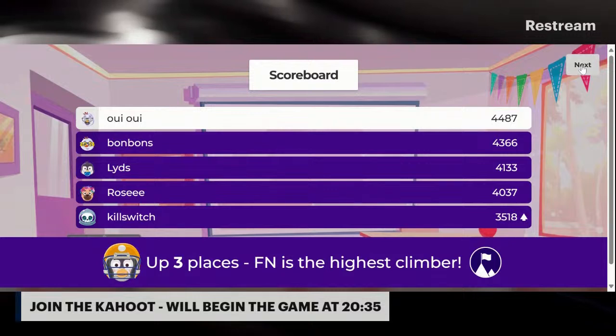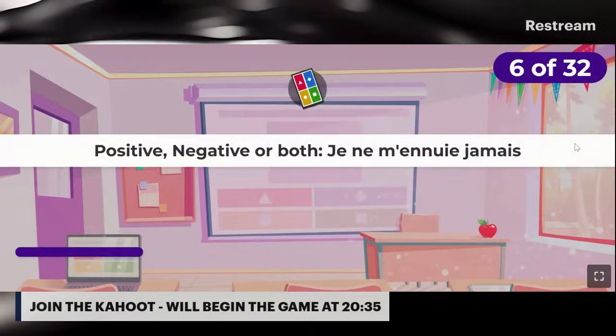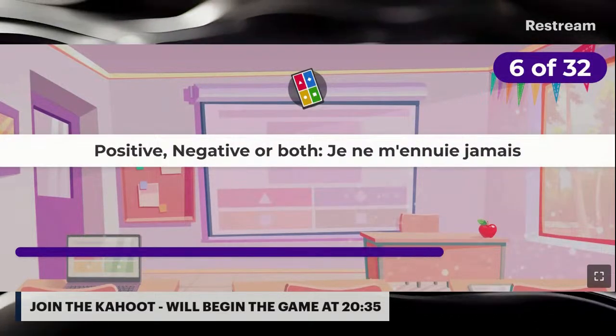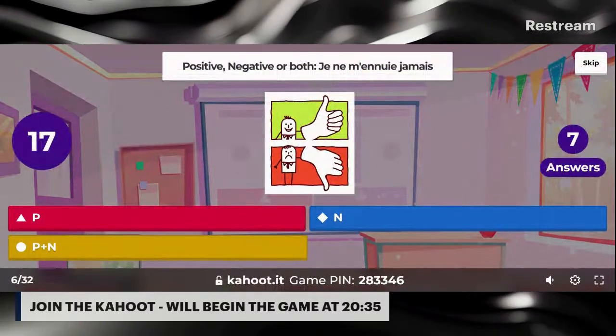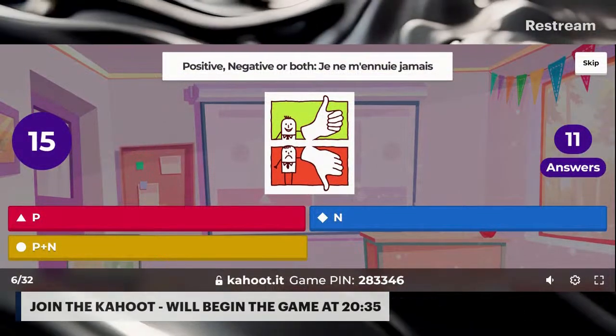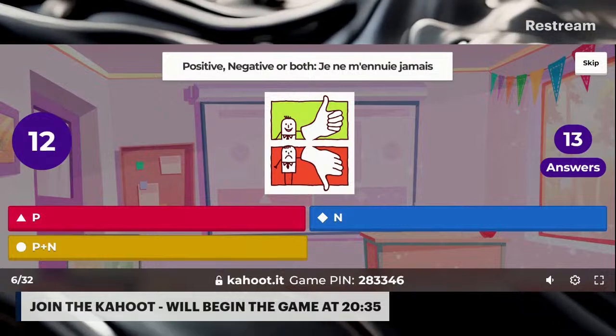Okay, staying roughly the same. Positive, negative, or both. Je ne m'ennuie jamais. This is a good question to test your knowledge on negatives and positives.